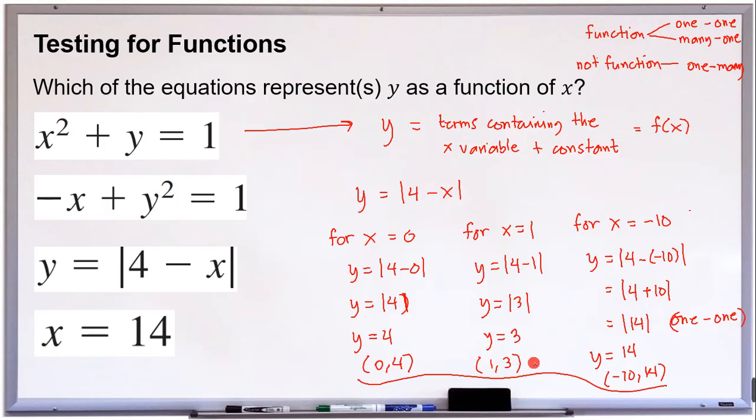That is, for a given value of x, we have only one distinct value of y. So for a 1 to 1 relation, we can say that this equation is a function.